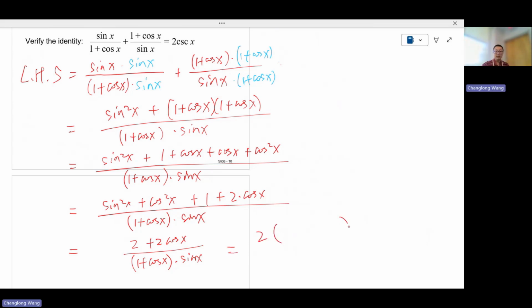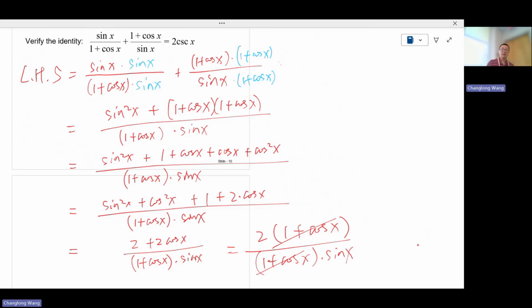I factor out 2. Can you tell me what's going to be left over in the parentheses? 1 plus cosine. And now if you quickly distribute the 2, you do get the same thing back, over 1 plus cosine x times sine of x. The good news is they do cancel.